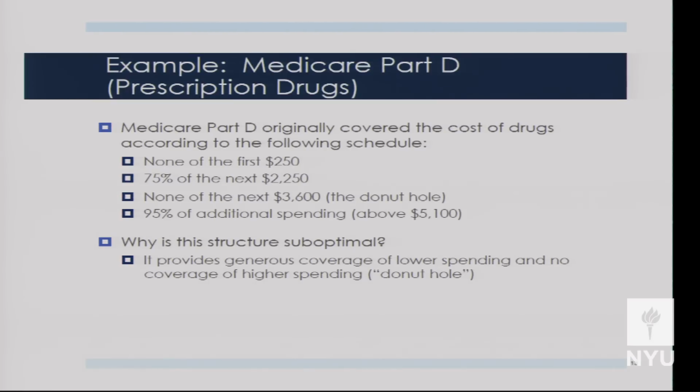You had to shell that out yourself. 75% of the next $2,250 would be covered, so you'd be liable for 25% of spending between $250 and $2,500. Then, after you hit $2,500, the next $3,600 of spending was not covered at all. Zero coverage, zero insurance. You're on your own. And then once you got to the $5,100 amount, 95% of your expenses were covered.